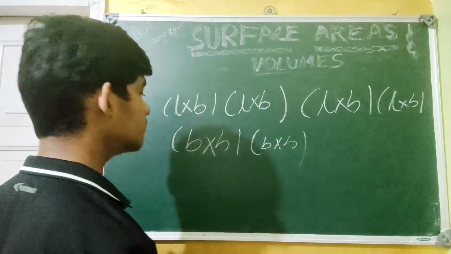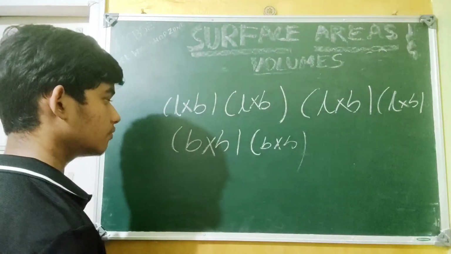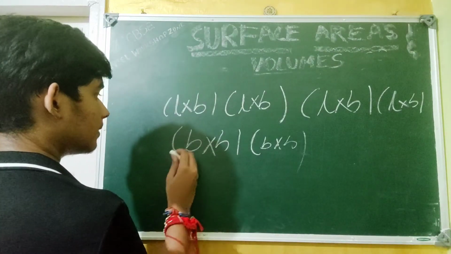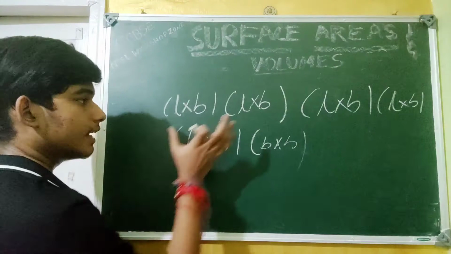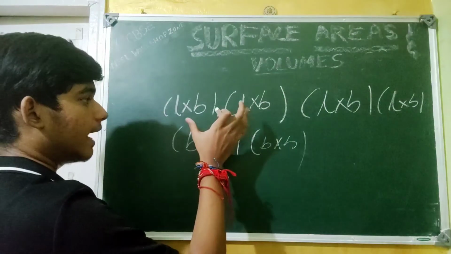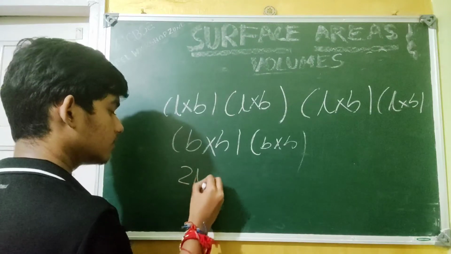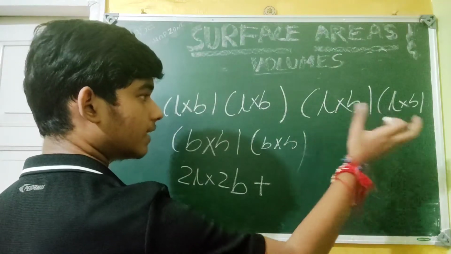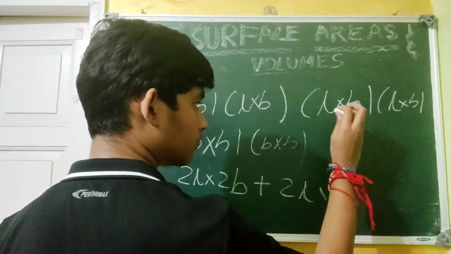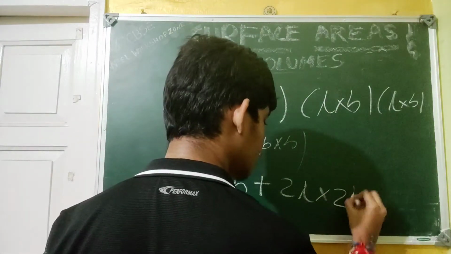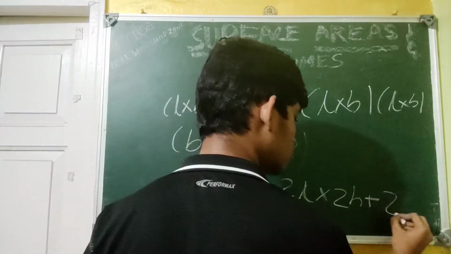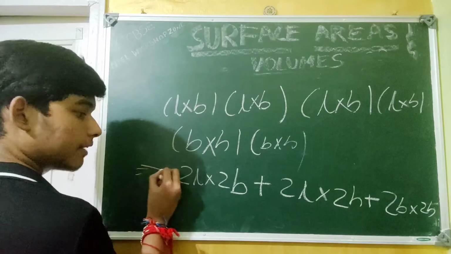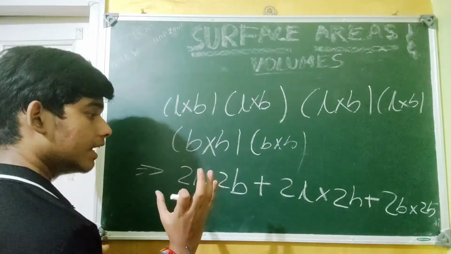So what we could do is take most of the stuff as common. Let's take each term: L into B and L into B, so we have 2 L B, plus L into H and L into H, so 2 L H, plus 2 B H. This is the simplified form of the surface area.